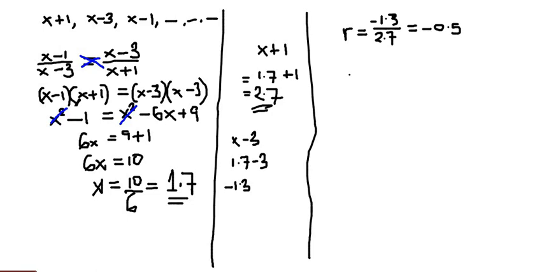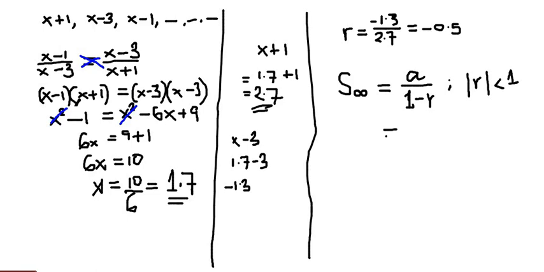So the sum to infinity is given simply as a over 1 minus r, where we are taking the modulus of r, which is less than 1, meaning we are using r without the effect of its sign.